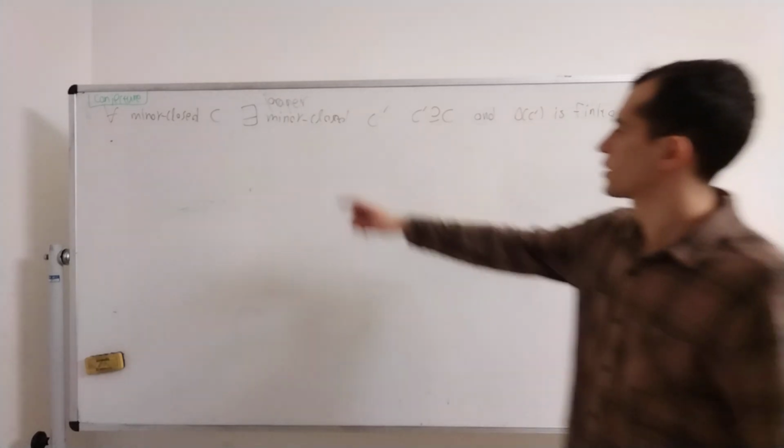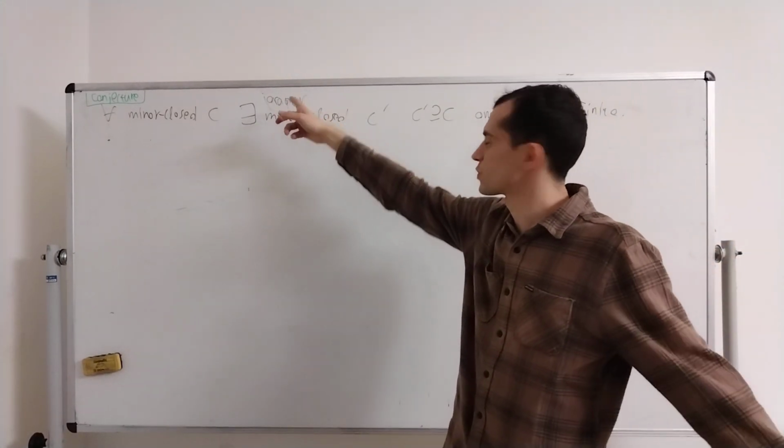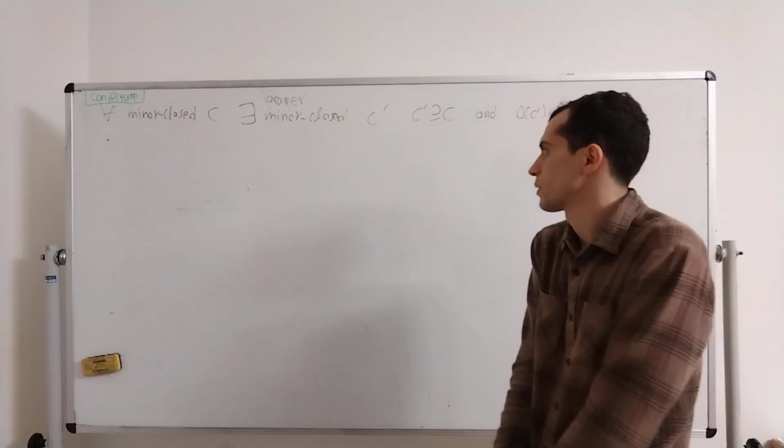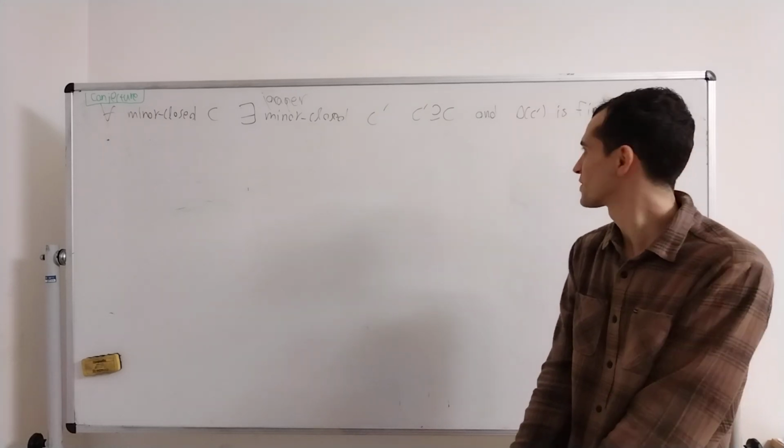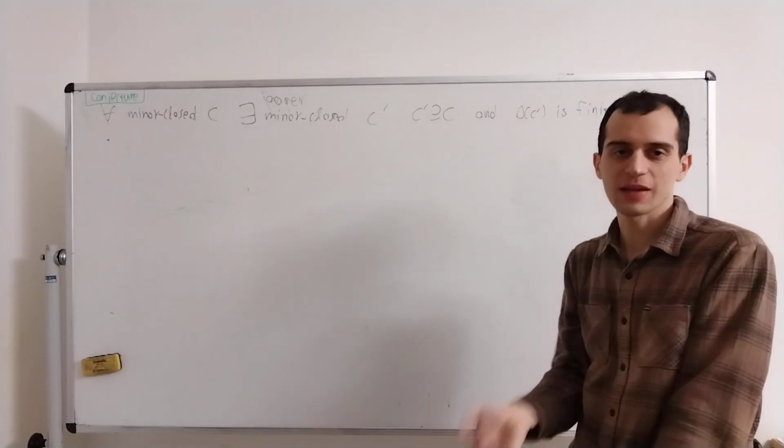So the reason we take this to be proper is, well, because if it isn't proper, this is a pointless question, because the class of all graphs has delta 3, right?